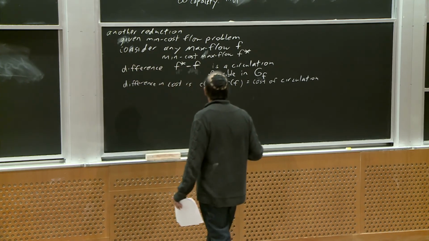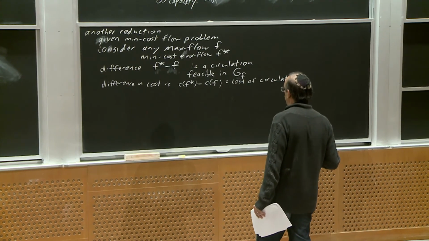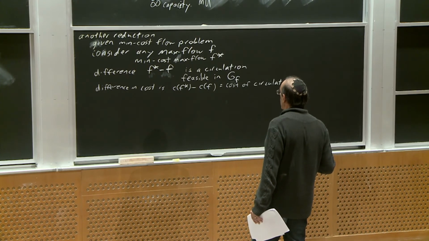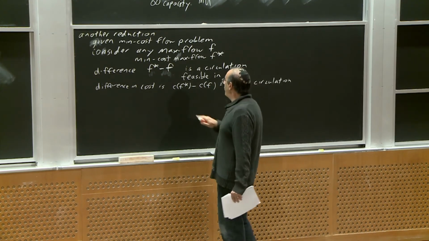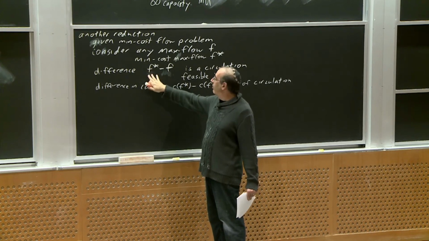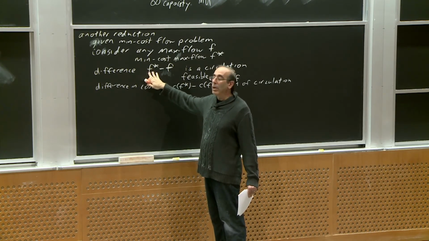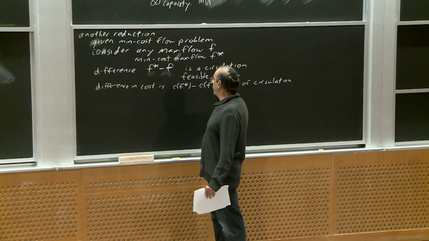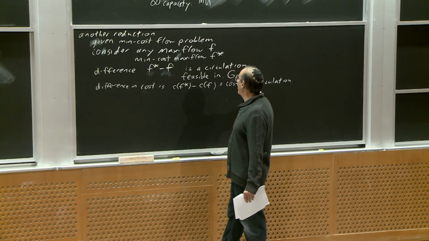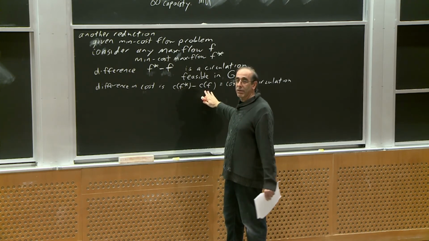Basically, if you find any F star, this is not only true about the min-cost flow. If you consider any other flow, the difference is feasible in the residual graph, and the cost of the circulation is just the difference in cost of the two flows.